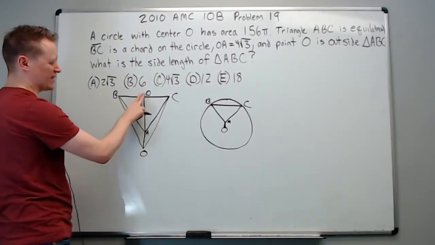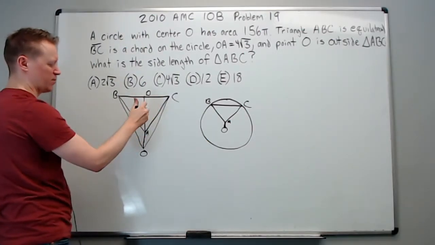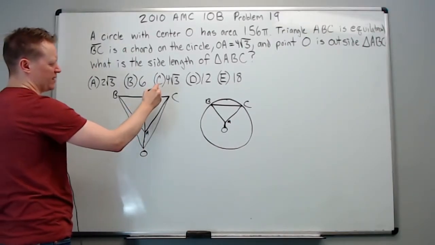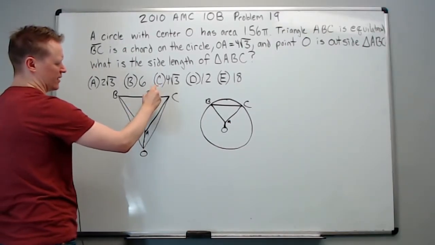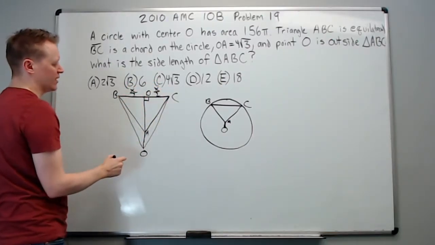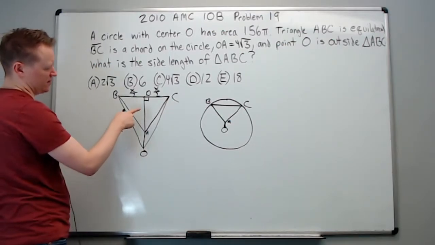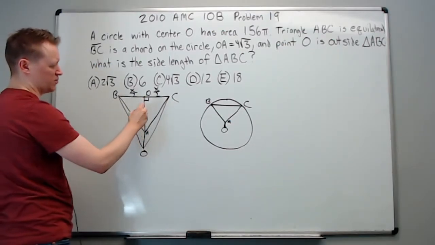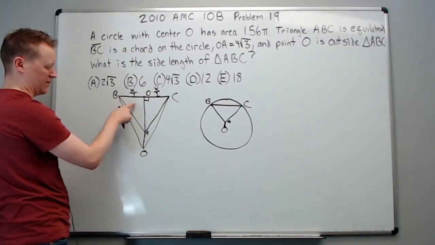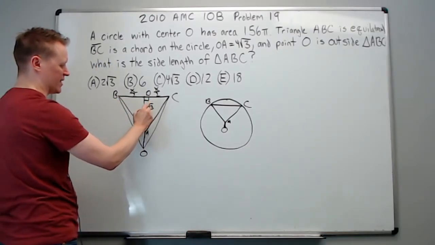And it will bisect this chord because it's perpendicular to it. Okay, then this will be, I guess we'd call it x over 2, and this is x over 2. This side here is going to be x root 3 over 2, because it's a 30, 60, 90 triangle, and opposite 60 is root 3 times that.